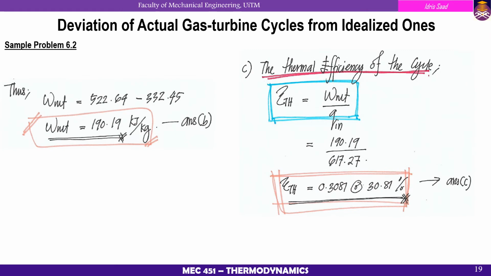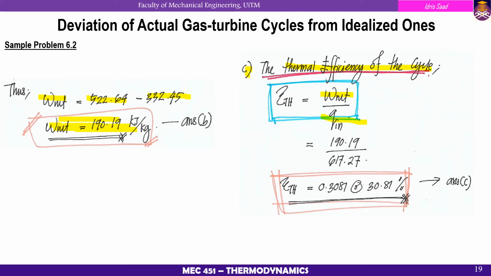Based on that, we can calculate the net work, which is equal to work turbine, 522.64, minus work compressor, 332.45, and the work net is equal to 190.19 kilojoule per kilogram. So this is how we calculate the work net for the system. And finally, we can calculate the thermal efficiency of the cycle. Similarly, work net divided by Q in.